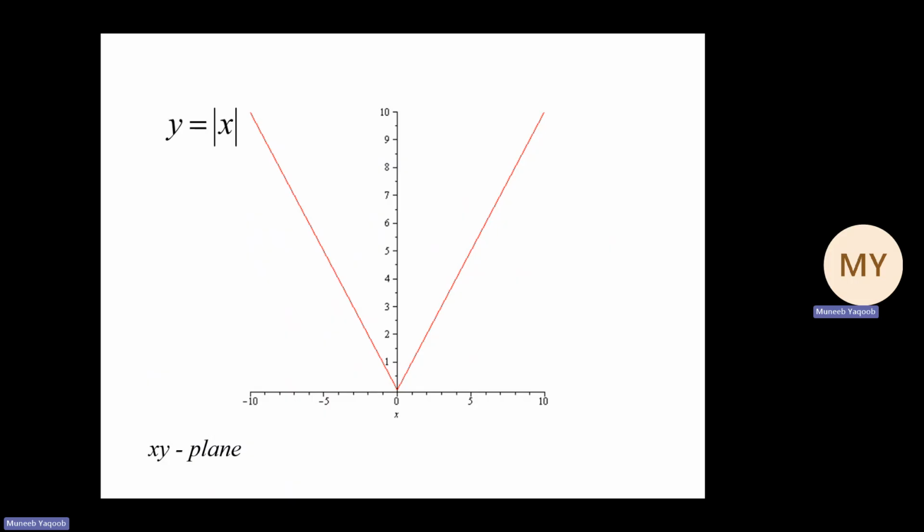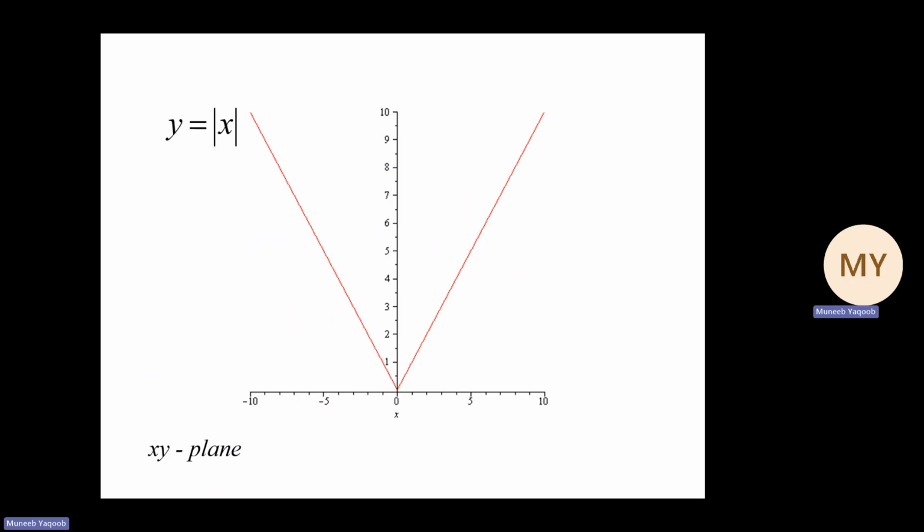So for the first quadrant, it is y equals x, the same graph. But for the third quadrant, the graph was below the x-axis and it was in the third quadrant when the equation was y equals x.